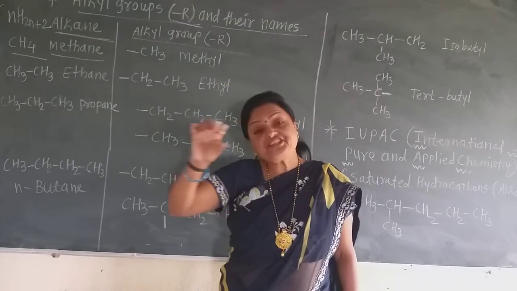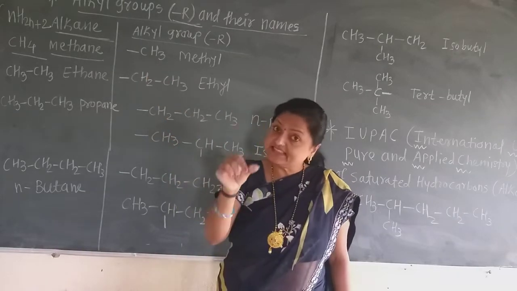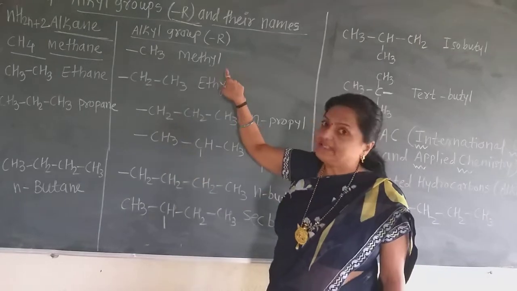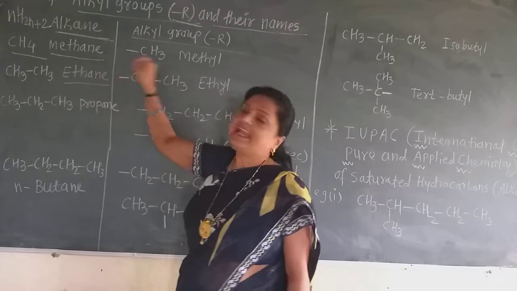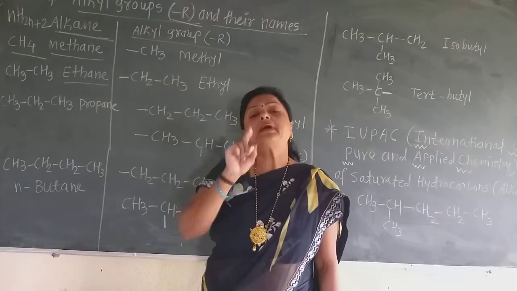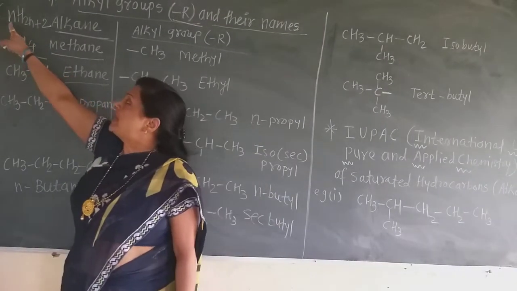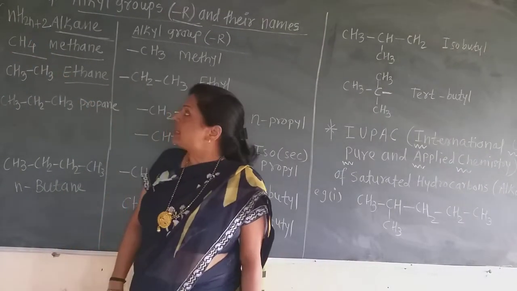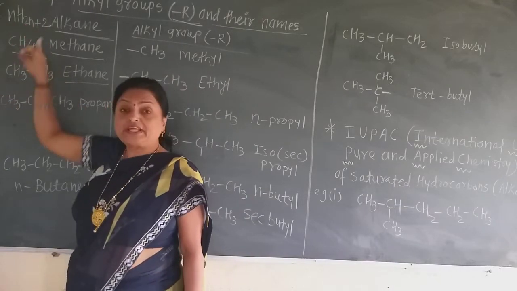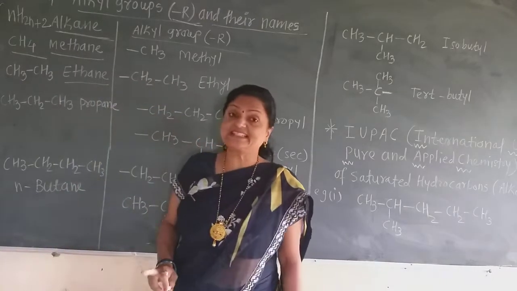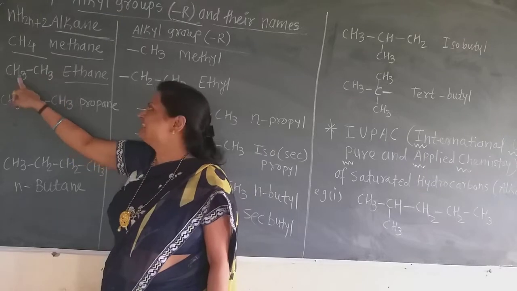If on the straight chain alkane there is a substituent CH3, that CH3 substituent is called methyl. Now we know that the second alkane is ethane. There are 2 carbon atoms in ethane, and therefore if we put 2 carbons in the general formula, then C2H, 2 into 2 plus 2, that is 6. C2H6 is ethane, which can be shown as CH3 dash CH3.